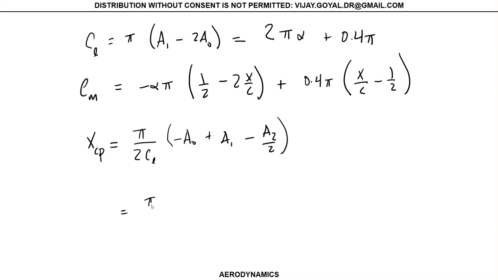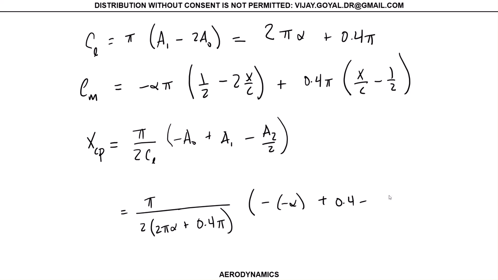That gives you pi over 2, 2 pi alpha plus 0.4 pi, minus alpha plus 0.4 minus 0 over 2. The whole thing gives you alpha plus 0.4 divided by 4 times alpha plus 0.8. Okay? So that's the expression that you end up with.